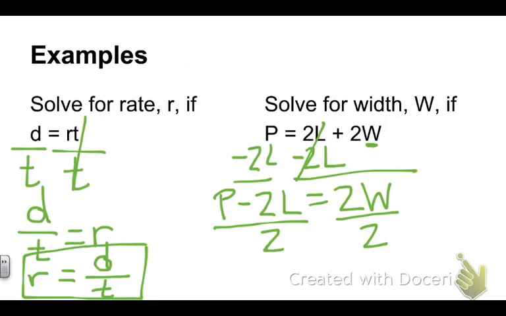Divide by 2. Your perimeter divided by 2 is just going to be half of P, or P divided by 2, minus your length, because 2 divided by 2 is 1L, and that's going to give you your W.